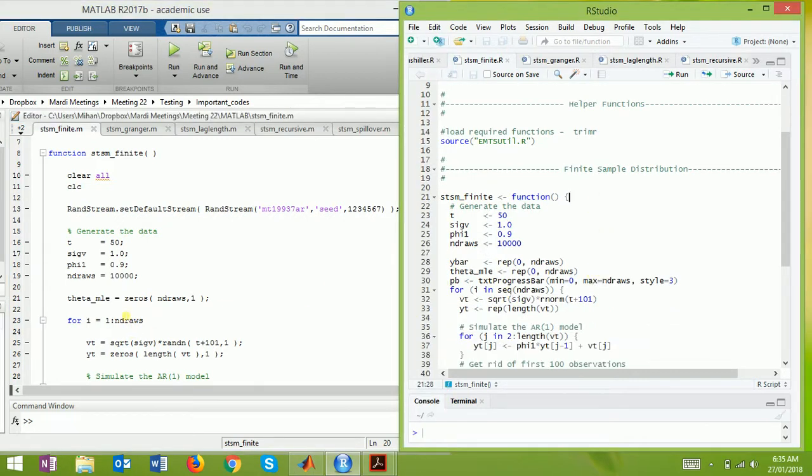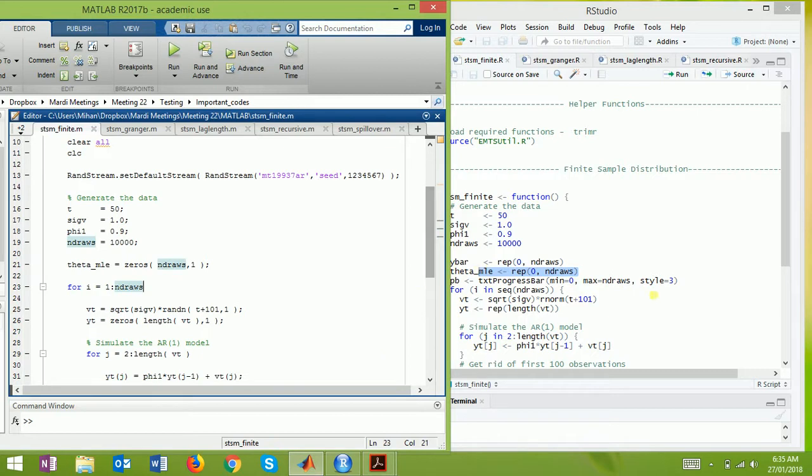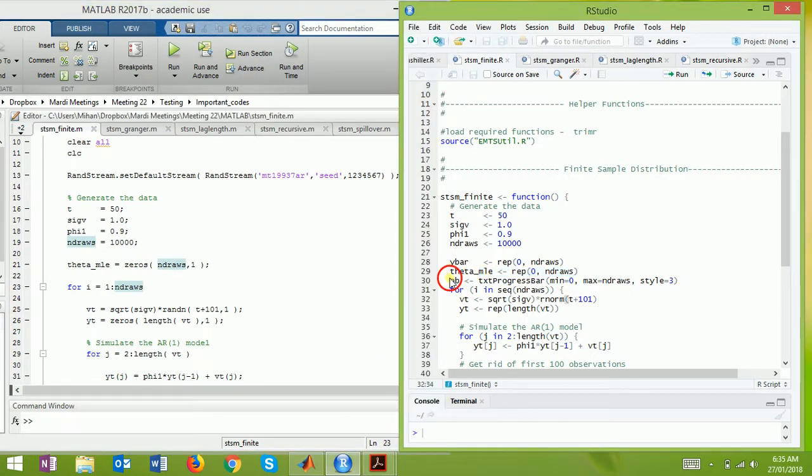So replicate 0 in draws for our theta. And this is a text progress bar, which has minimum 0, maximum the number of replications. Style, you can choose any. The function command is txtProgressBar.